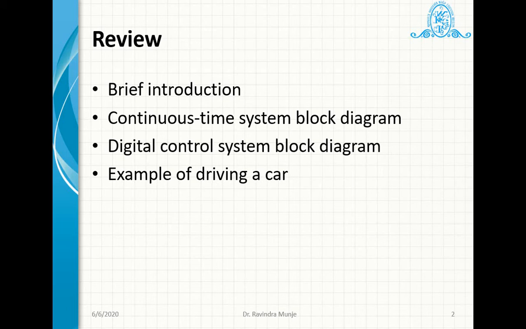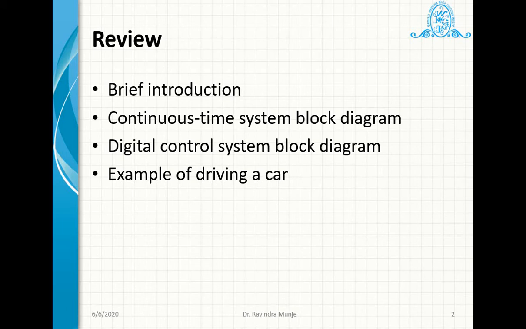At the same time, we saw one example of driving a car, in which there are two outputs that are required to be controlled, that is the speed and the second one is heading. These two outputs are controlled by two different actuators.